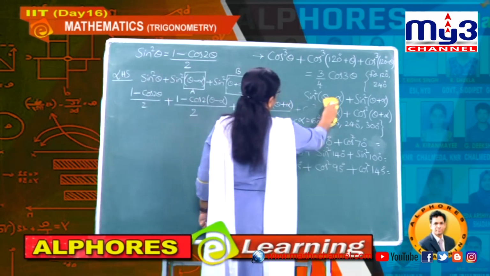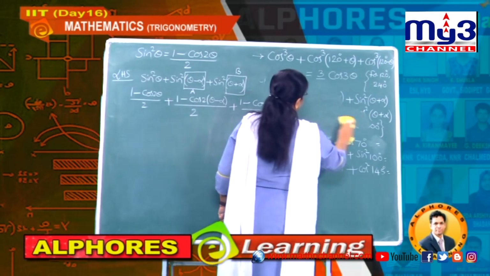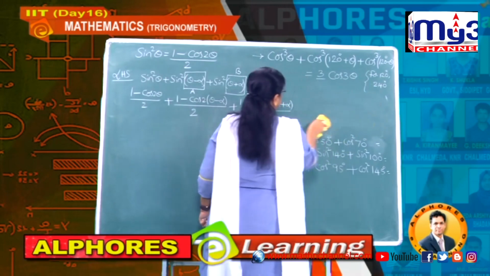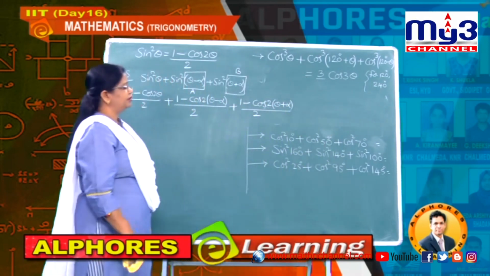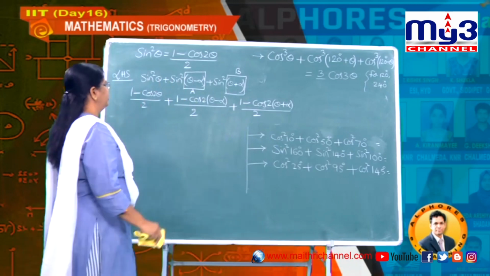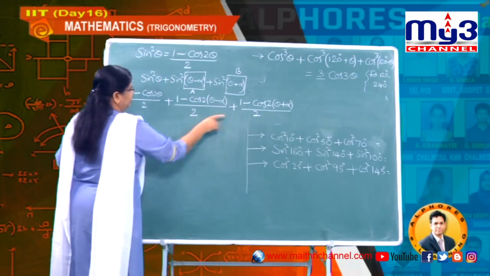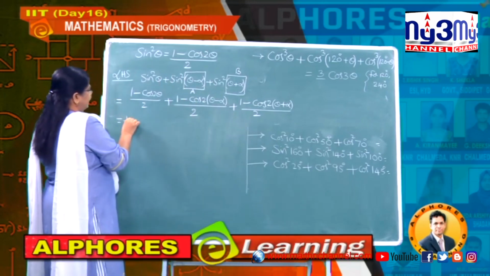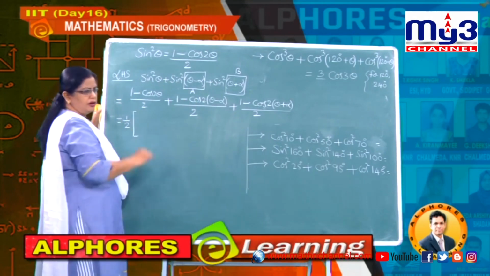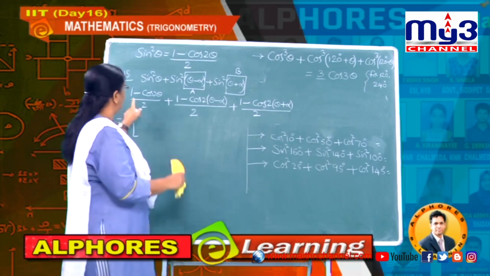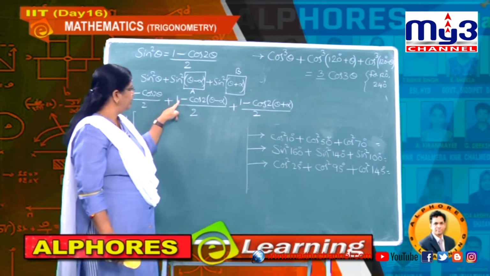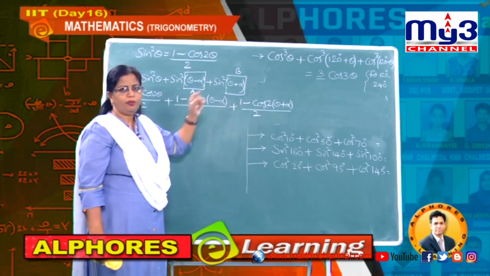So now, in this way you can write the formula sin square theta equal to nothing but 1 minus cos 2 theta divided by 2. Now let us separate these values, that means let us take 1 by 2 outside. Now 1 plus is here, again 1 plus is here, 1.